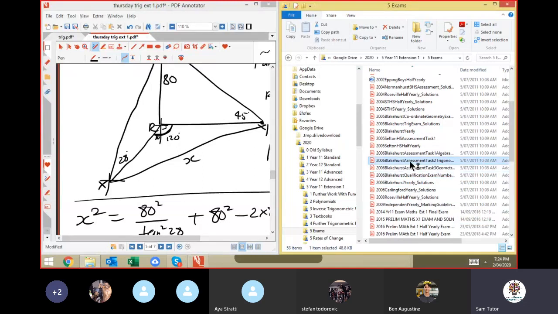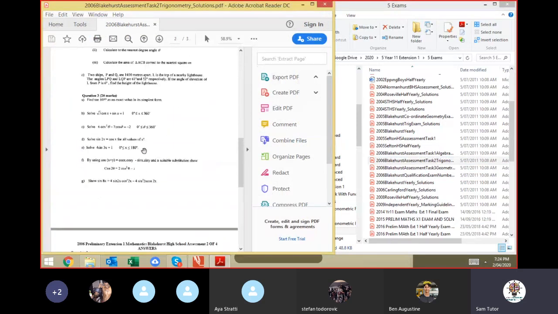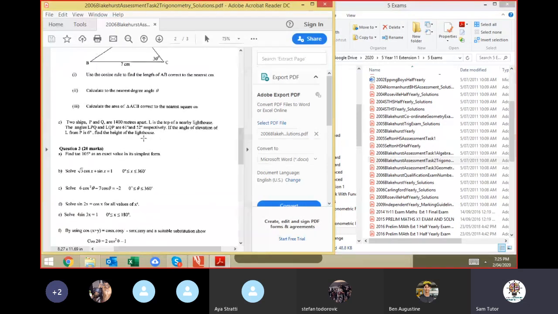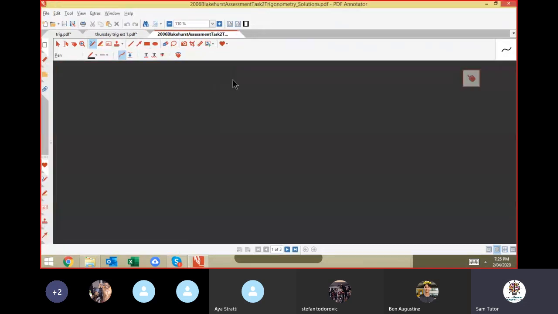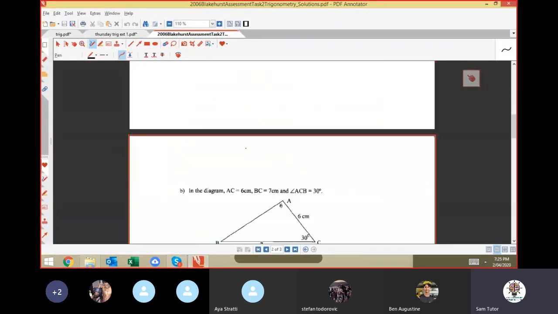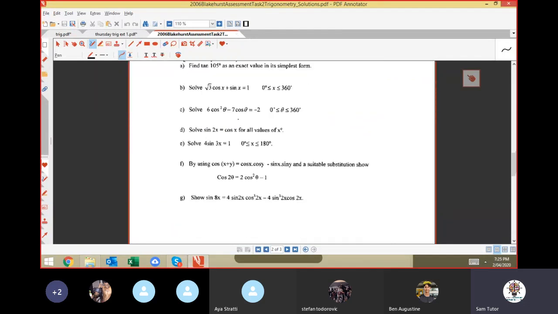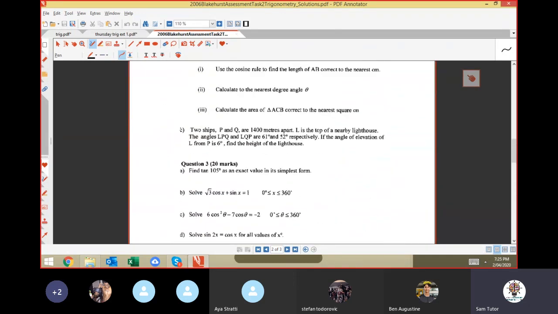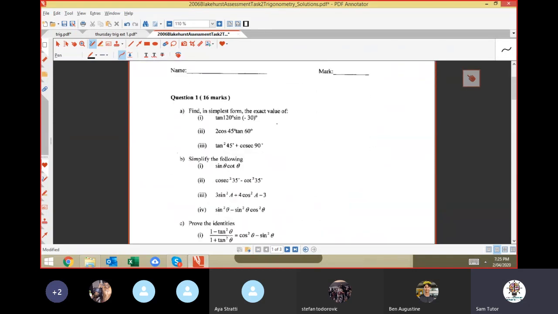Lakers assessment trig. Section 1. No 3D. Oh, there. All right. Since this is a trig exam, might as well start from the beginning. Do each one until we get to these 3D trig questions, which look like they're right there. 2 ships. Beginning is just advanced stuff, so why not?